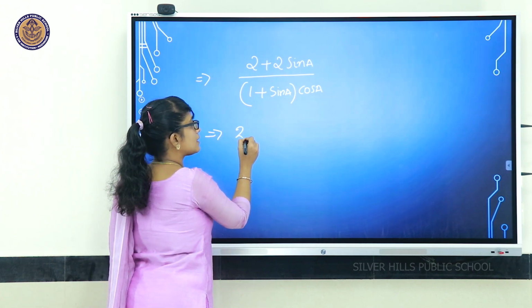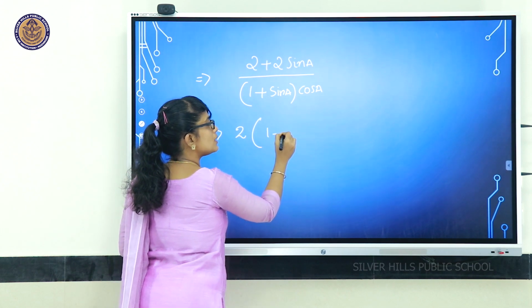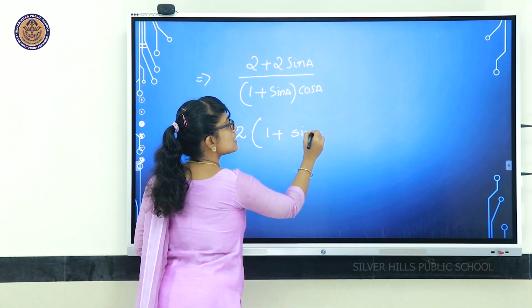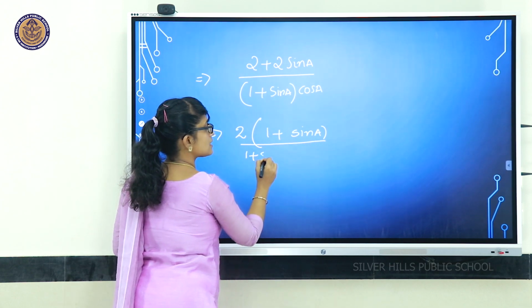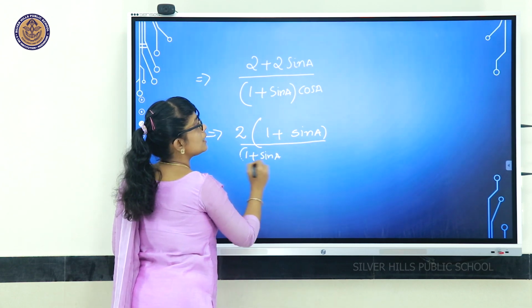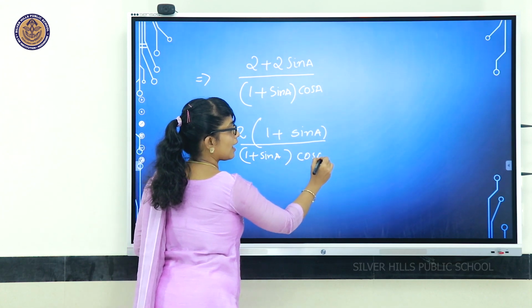So, 2 we can take outside. 2 into 1 plus sin A divided by 1 plus sin A into cos A.